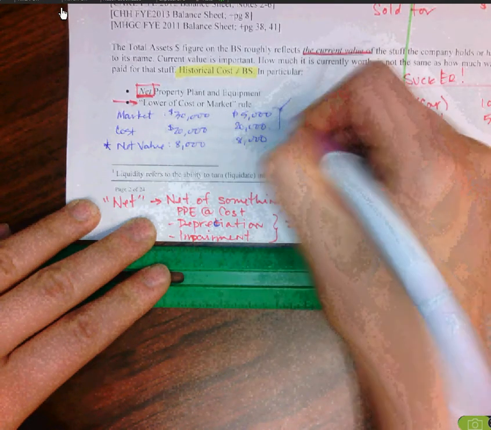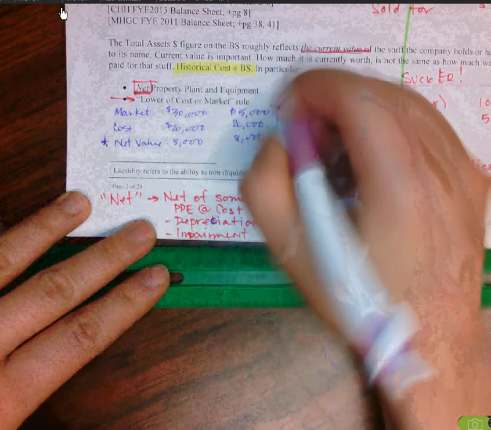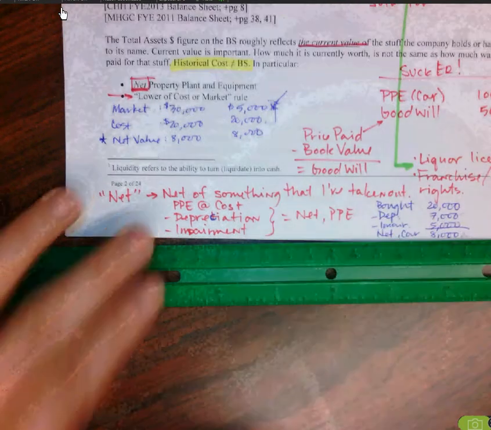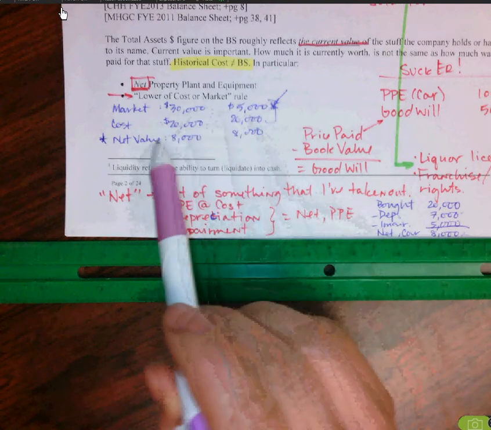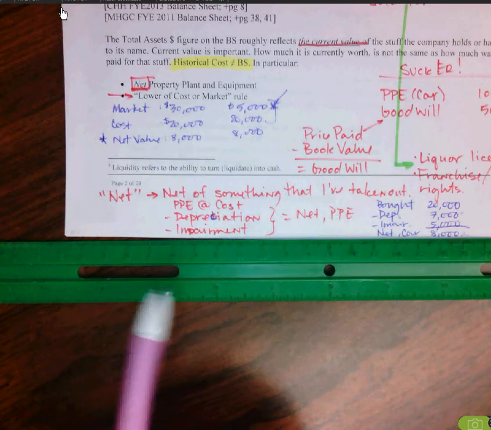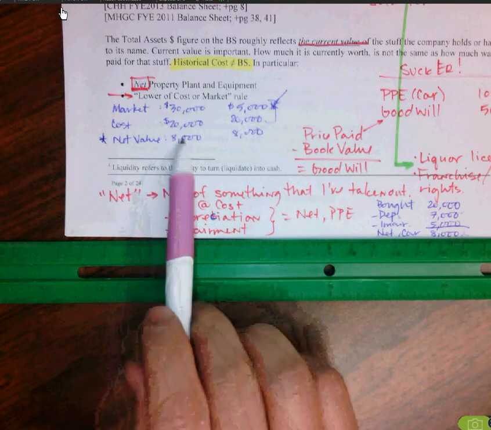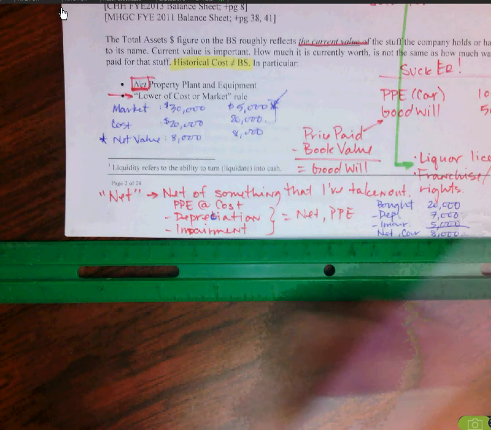So I still have to take this lower market value. This is the number that shows up on my balance sheet. Okay, so I have to take the lower of cost or market, and I can't just purely put the cost of my product on the asset side. I have to have the net value, net of depreciation and impairments.